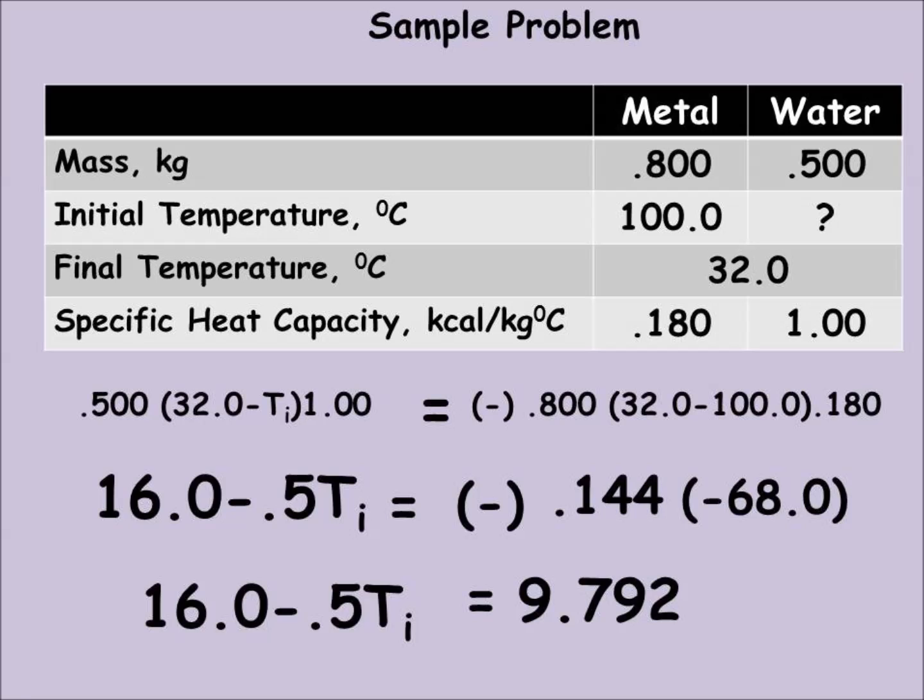That's the physics. Everything else is math. So if you have a problem with the math, make sure you identify that it's not the physics but the math, and I can help you with that.